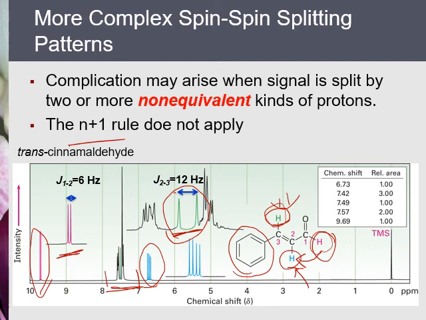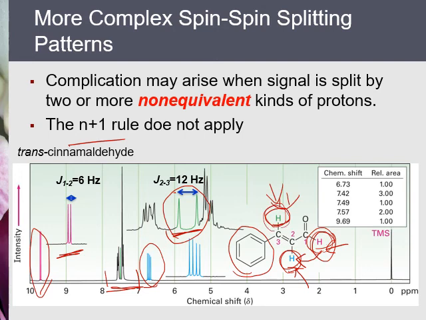So why is that? This is because the aldehyde hydrogen and this vinyl hydrogen are non-equivalent. So the coupling of this blue hydrogen with the aldehyde hydrogen has a different strength from its coupling with the other vinyl hydrogen, the green one.